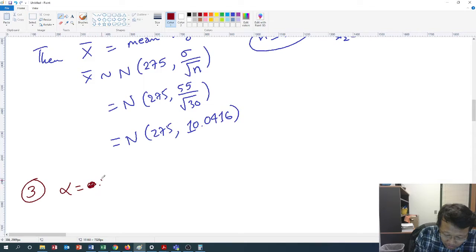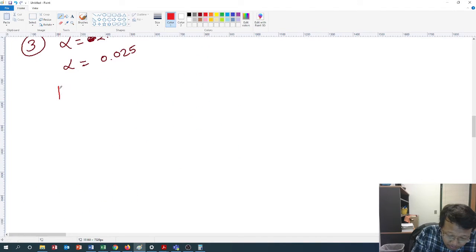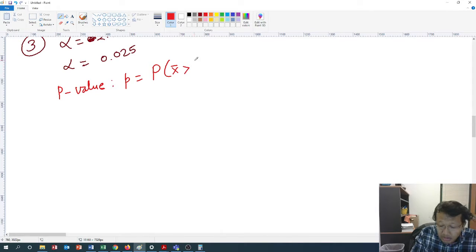Alpha is 2.5% significance level, which is alpha equals 0.025. Let me indicate the p-value by p equals the probability of x bar being greater than the mean weight of the given sample.